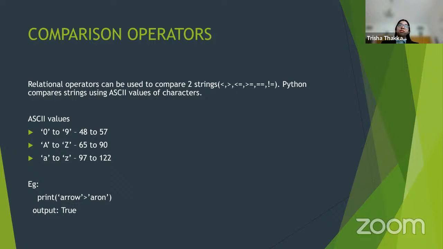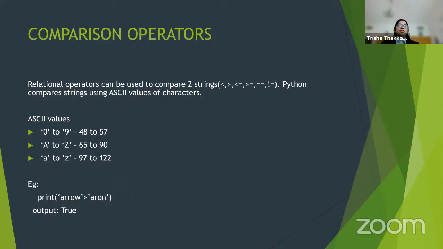In the example given, it says print arrow is greater than Aaron. So basically how the comparison works is it checks the ASCII values of each and every character until there is a different ASCII value which can be used for comparison. The first letter of both the words is A, and so their ASCII value is the same, which is 65.